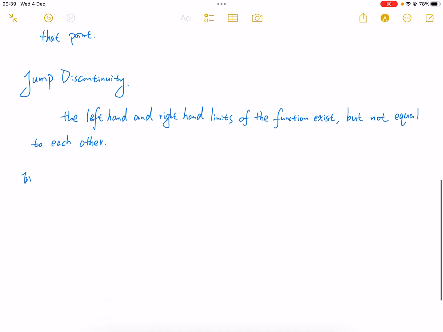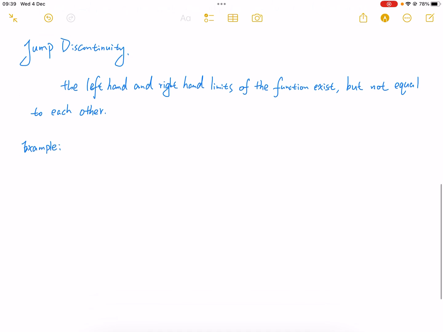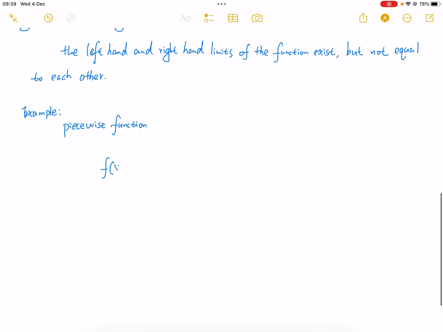So let's have a look at this example. Consider the following piecewise function. We have the function f of x equals 1 if x is less than 2, and f of x equals 3 if x is greater than or equal to 2.